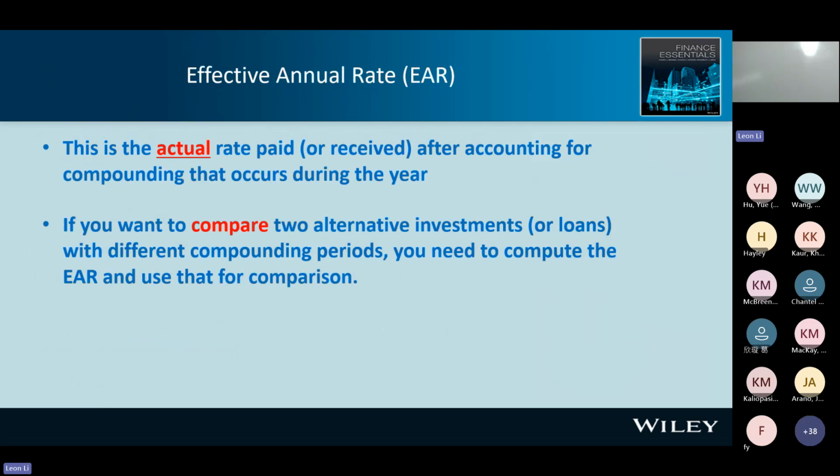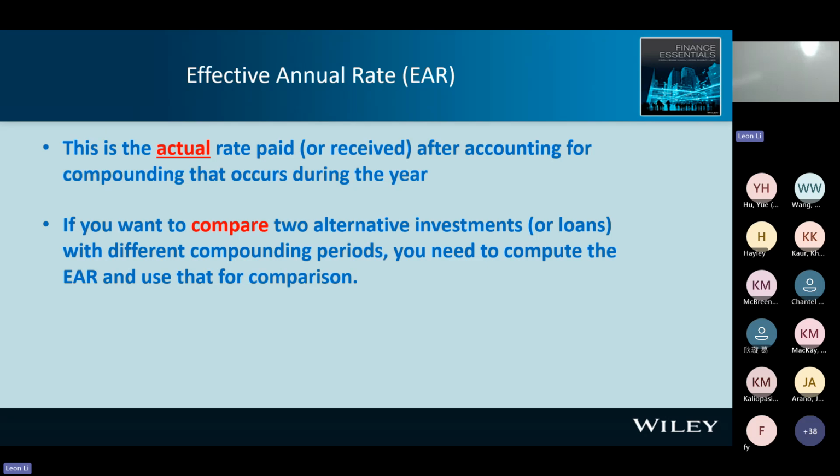Now we discuss another rate, EAR, effective annual rate. This is the actual rate paid or received after accounting for compounding that occurs during the year. So the EAR considers the compounding. What's the compounding for me?